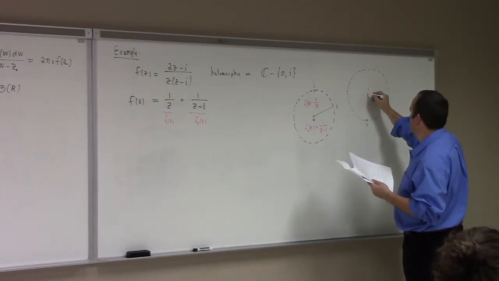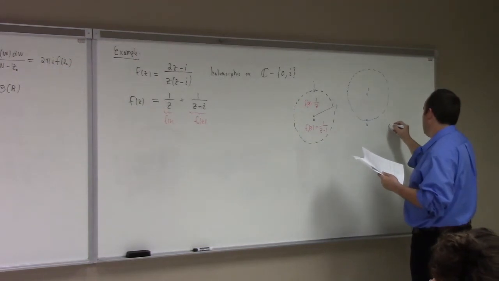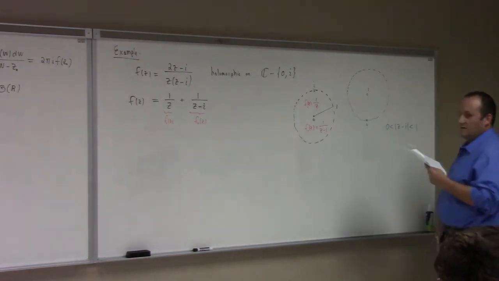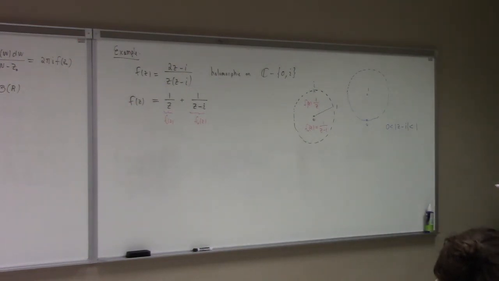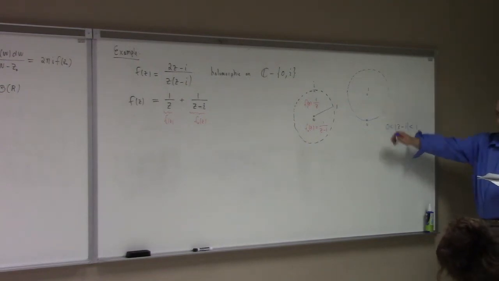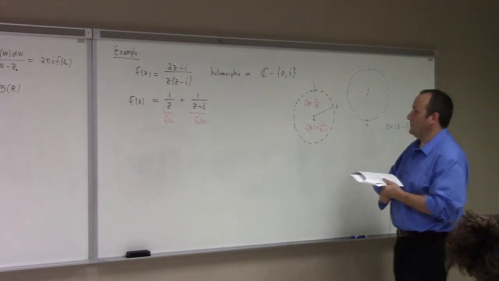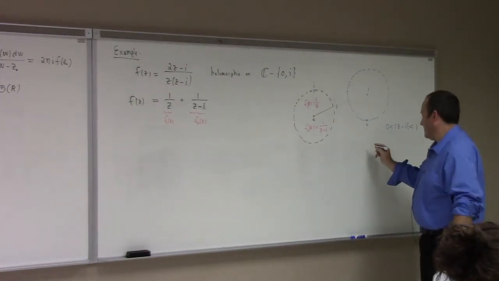Let's look at the punctured annulus, 0 less than modulus of z minus i less than 1. The outer edge is a unit circle, radius 1, and we're puncturing the inside. In this context, notice that the tables have turned. In this case, we still have the Laurent decomposition, right?